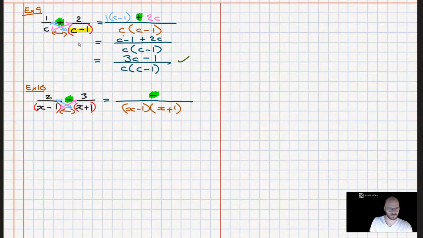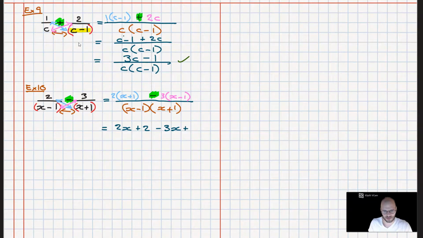And then the first term in the numerator is 2 times x plus 1. And then the second one is going to be 3 times x minus 1. Alright, opening up the terms in the numerator, we're going to get 2x plus 2. Then we're going to get minus 3x minus negative, actually no, we won't write it like that.